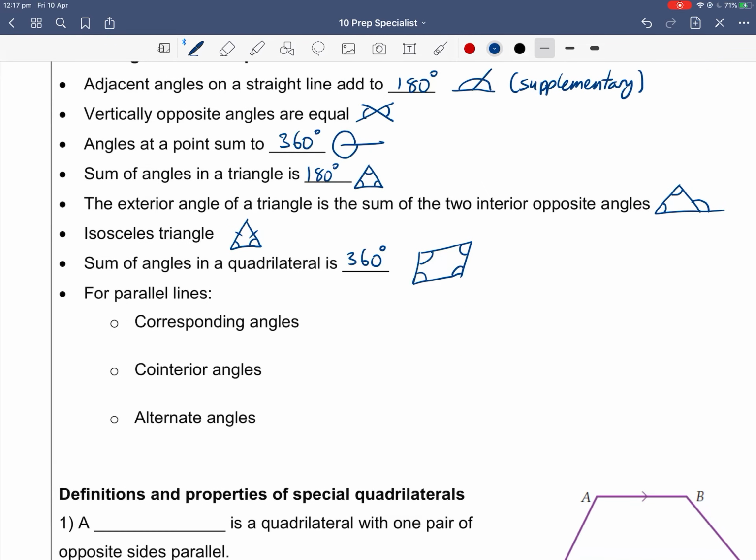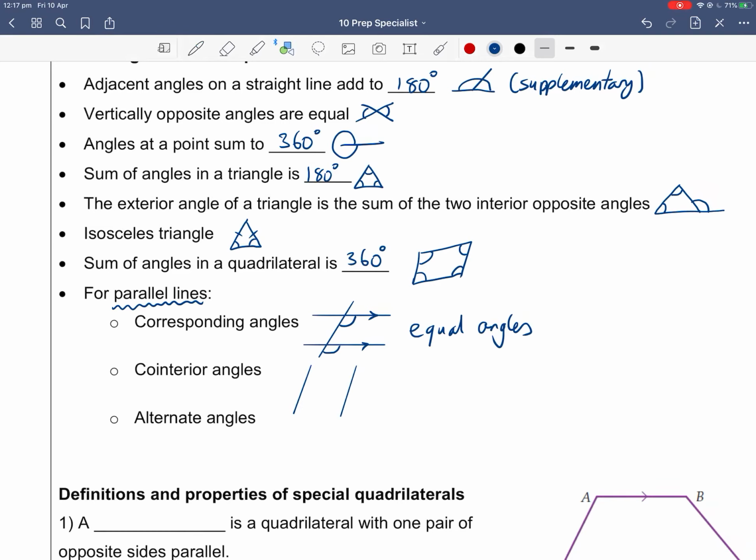We have specifically 4 parallel lines corresponding angles. So if you have 2 parallel lines, we indicate parallel using arrows, and then we have a line passing through it. Then corresponding angles, this is what I call the F rule, they are equal angles. So the 2 angles indicated there are the same in measurement.